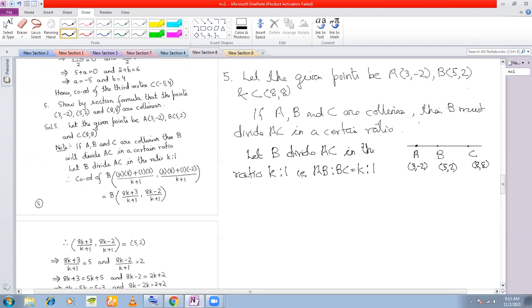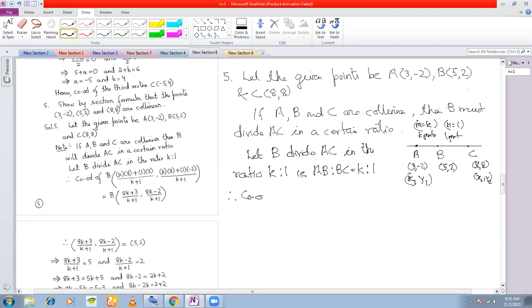So that means k parts lie here and one part lies here. That means m is equal to k and n is equal to 1. And if you take this as your x1, y1 and this as your x2, y2, by section formula, we can find out the coordinates of B.